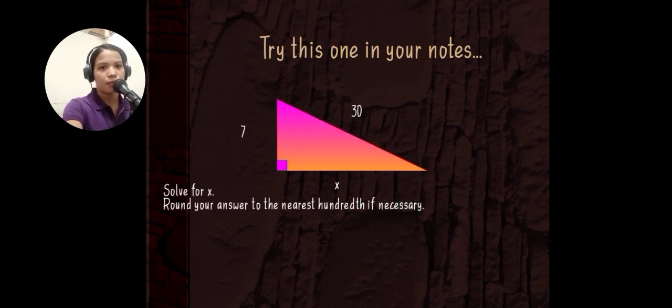So, next example. Still, it belongs to scenario number 2, since you have the value of the hypotenuse, the longest side opposite the right angle, and one side, and you need to find the other side. So, still round your answer to the nearest hundredth if necessary.